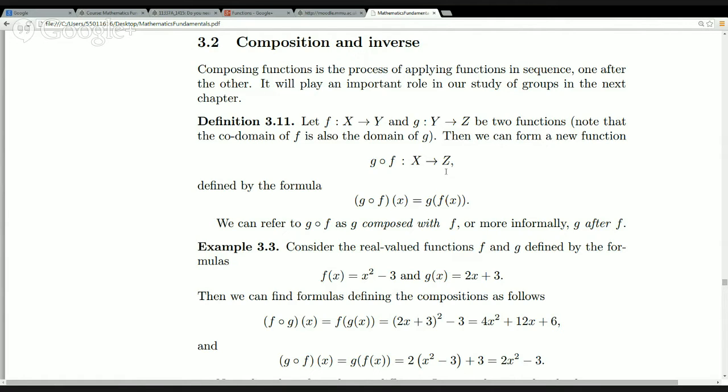There'll be arrows all over this picture, but I'll just draw in one to illustrate what's going on. So there's a little element x here. This element here would be the element f of x. And then this element here would be g of f of x.